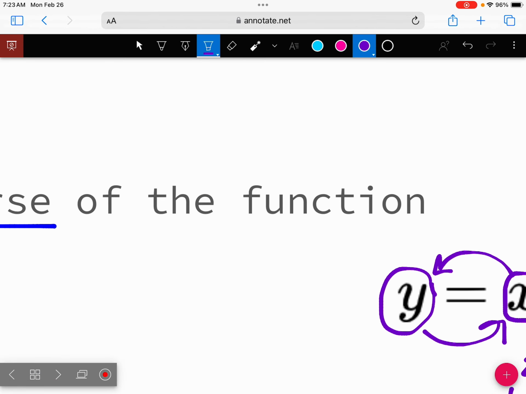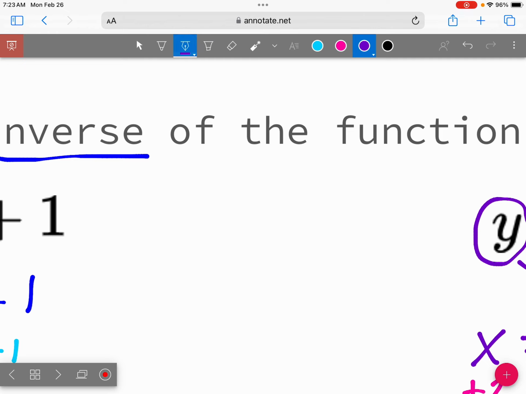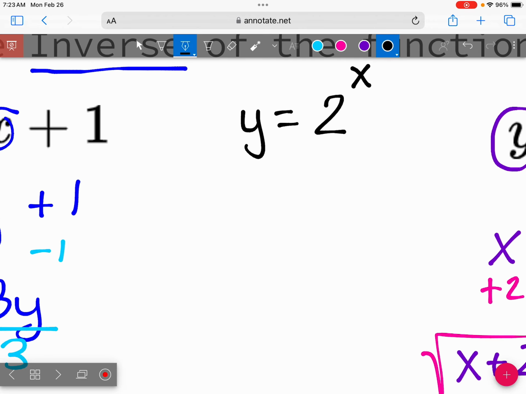Because if we think about what we had been working on in the last chapter, if I had y equals 2 to the x, and we wanted to find our inverse operation, we could switch this to be x equals 2 to the y, but at that point we're stuck because we don't have any way to get the y out of the exponent.